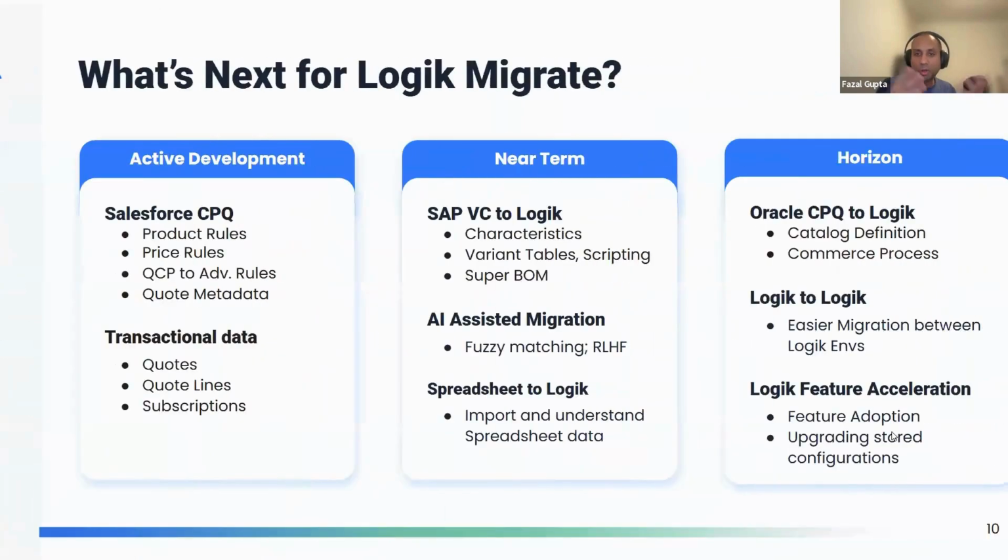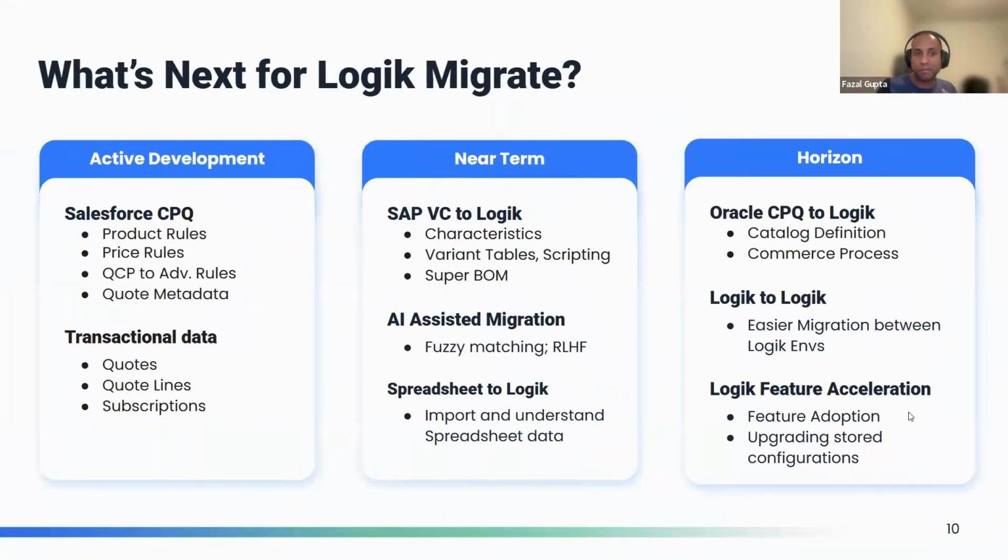So if I look at the picture of where we are going, as I said, there is a reason we chose to do this as a product, not as just a separate exercise in implementation, because we believe we can build something which can solve a lot of that problem in an engineering-led manner. So we are starting with Salesforce CPQ. I showed you today a few of the artifacts we have already built, and they're ready for customers to try.